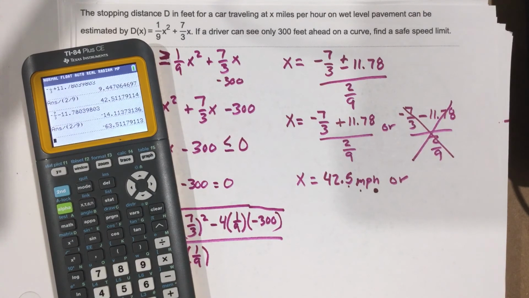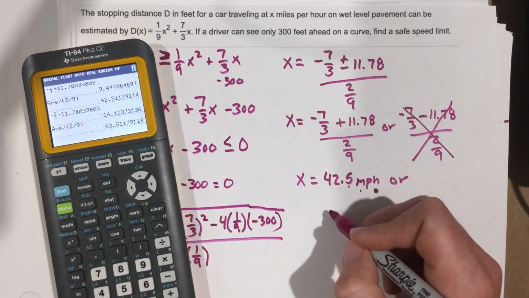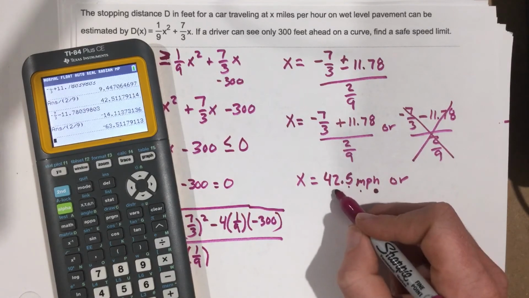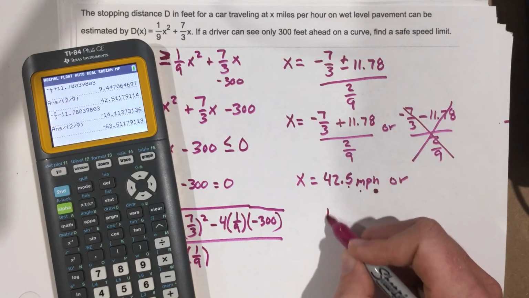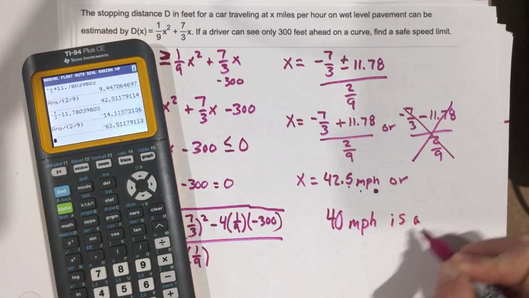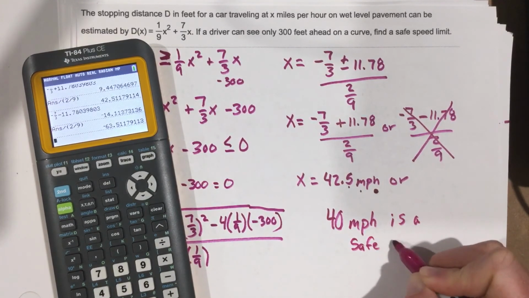I think a safe speed limit then would have to be less than that, right? So maybe 40 miles per hour is a safe speed limit. So I think we could easily say, because we don't want to go any larger than this, that 40 miles per hour is a safe speed limit.